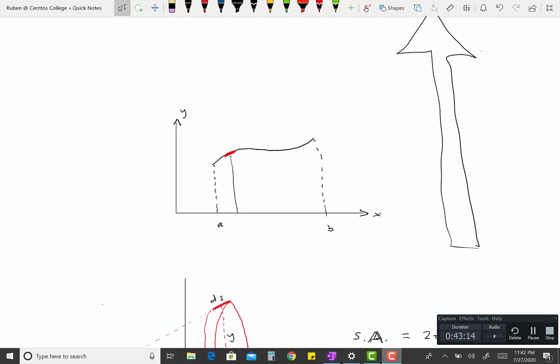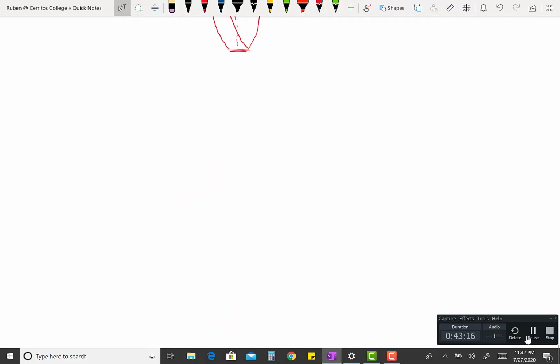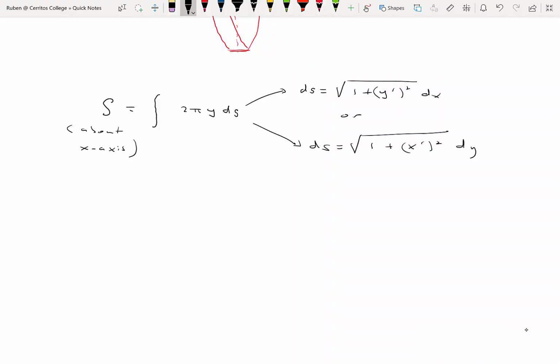So here's our bottom line. Surface area, leaving off the limits of integration from above, surface area about the x-axis is the integral of 2 pi y ds. Well, we have two formulas for ds that we looked at in section 8.1. If we choose to integrate with respect to x, then we use ds equals the square root of 1 plus y prime squared dx, or the alternative formula, ds equals the square root of 1 plus x prime squared dy.